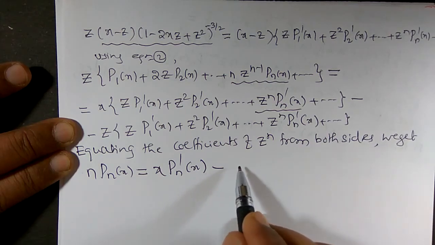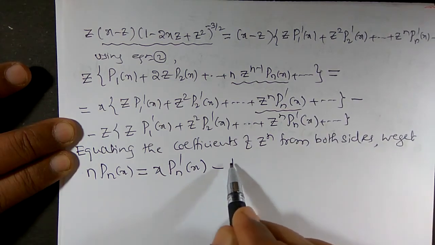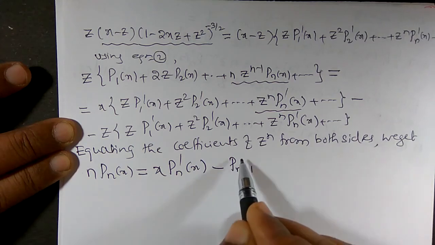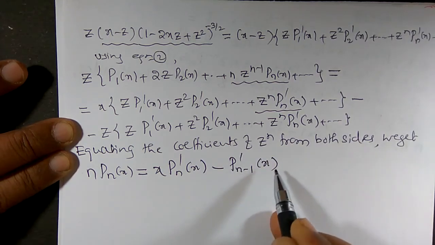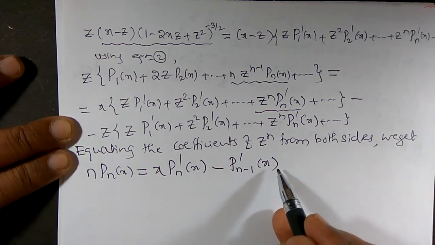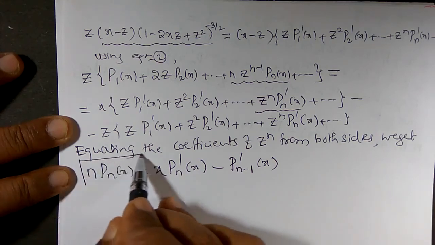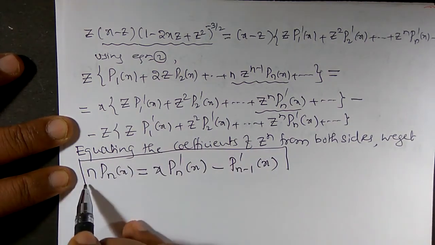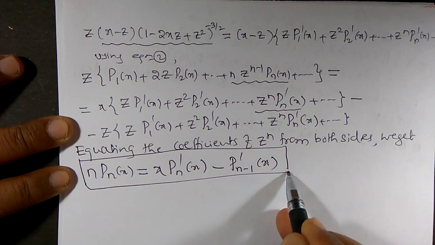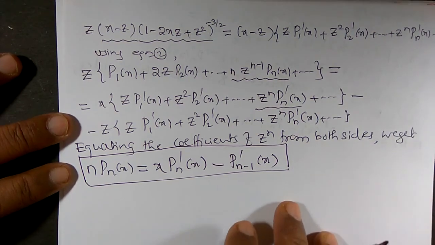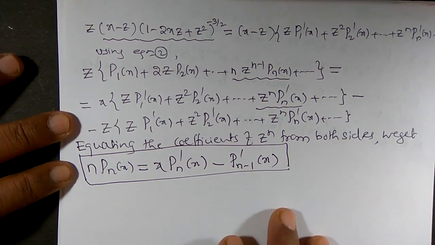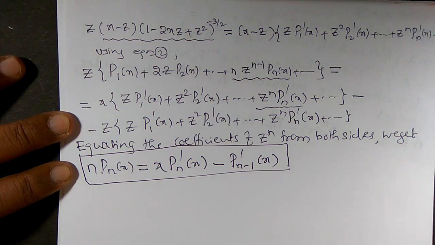That is the coefficient of z raised to n. Now I am going to write P(n minus 1)'(x). I hope this is the required equation that we wanted to prove. So this is another recurrence relation for the Legendre polynomial Pn(x).